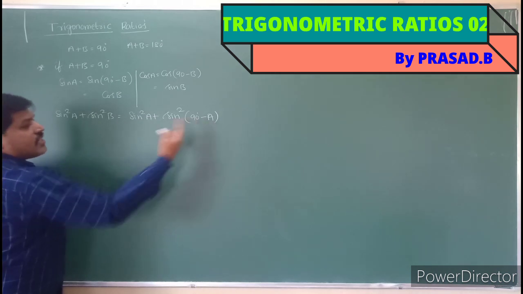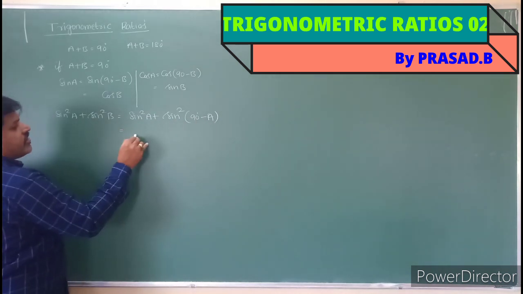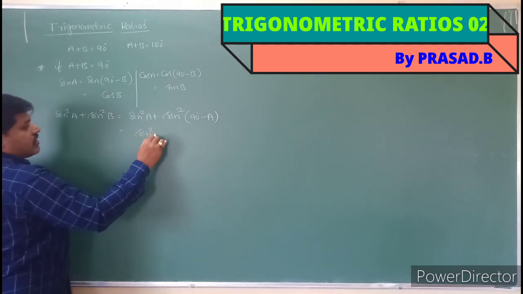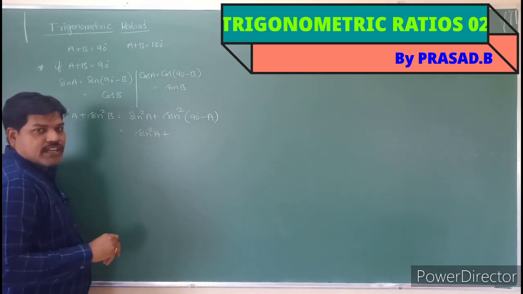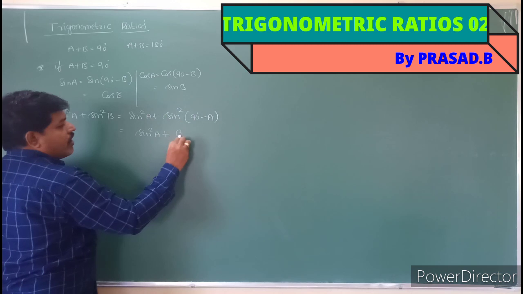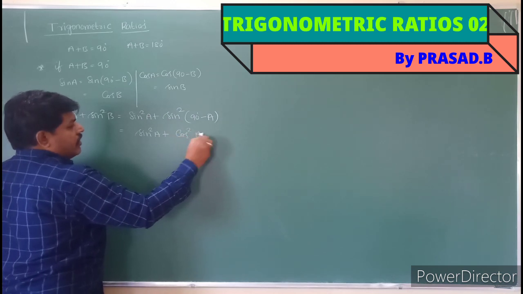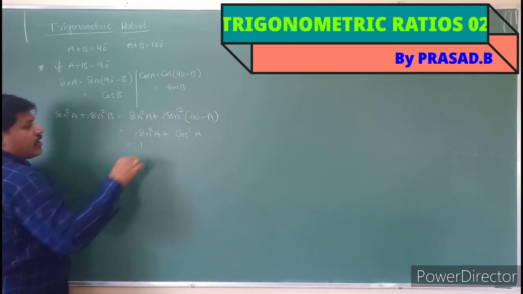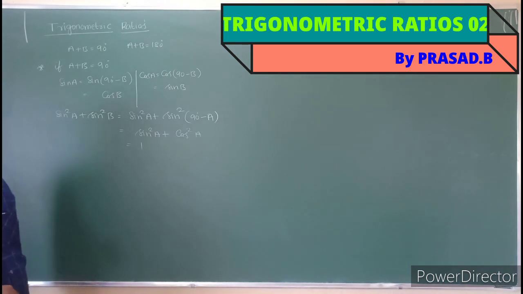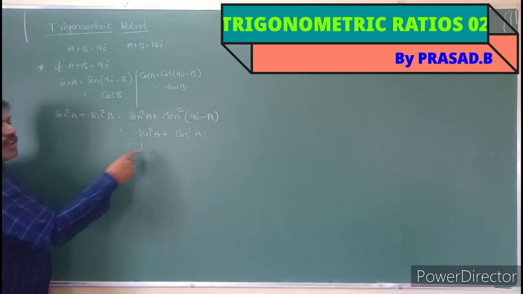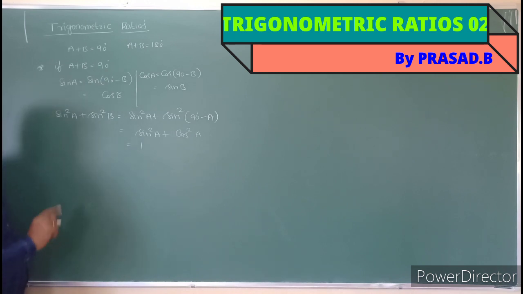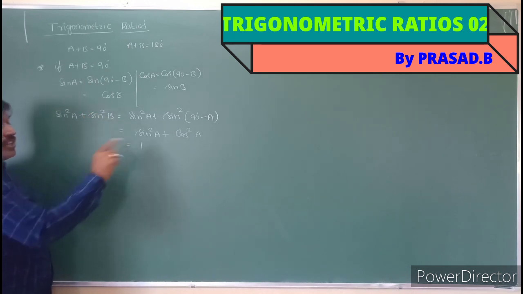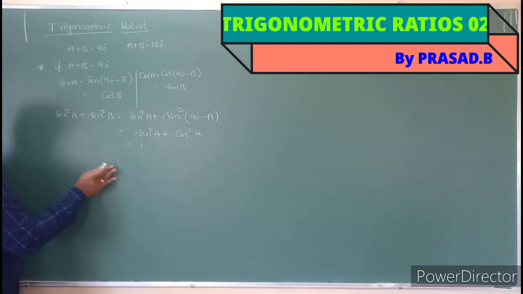So that is equal to sin square A plus sin square of 90 minus A. Sin of 90 minus theta is cos theta, and square is there, so it will become cos square A. Automatically this value will become 1. So if A plus B is 90 degrees, sin square A plus sin square B value will become 1.